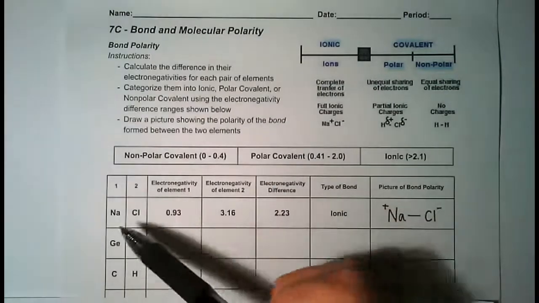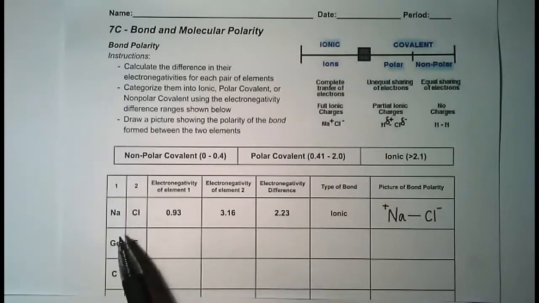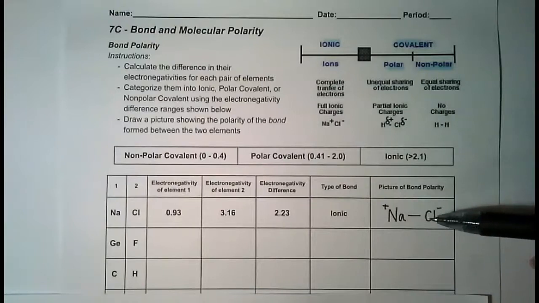The other way we can know that this is ionic is because sodium is a metal, and things that contain metals are pretty much always ionic. The metal is going to give up its electrons to the non-metal that wants the electrons. And we show the bonds of ionic things with separate charges.